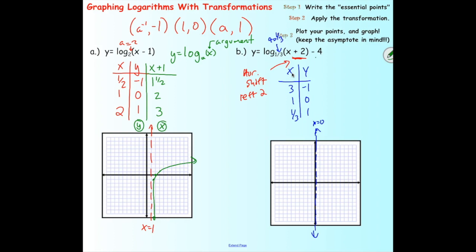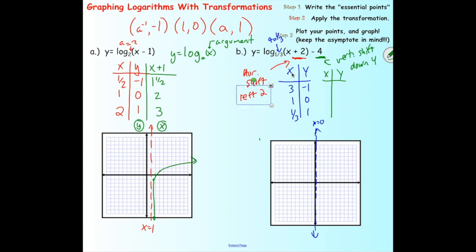And then this -4 is the vertical shift, and that is down 4. Outside, what you see is what you get, right? Correct. So when I make my new t-chart, the x values are going left 2.